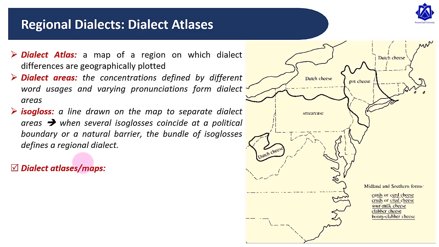We can map the differences that the dialects have on a map. We can plot the dialectological differences on a map. Here, what you see is a dialect atlas, or a dialect map, of the places in which the words "dot cheese" and "pot cheese" are used.